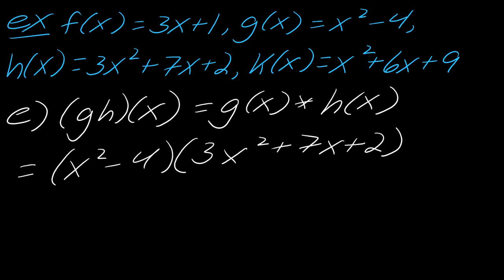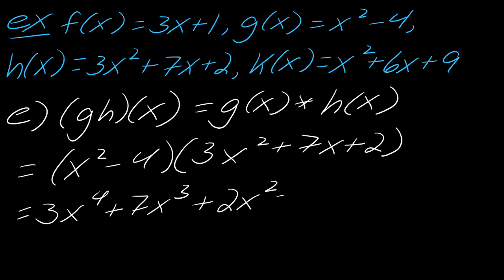So I just write it out, and now it's like, all right, what else can I do? And now I can see I can multiply all this together. So this is going to take a little bit of work. So this becomes 3x to the 4th plus 7x cubed plus 2x squared minus 12x squared minus 28x minus 8.